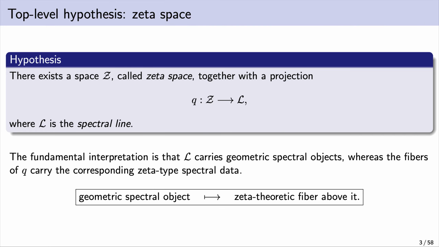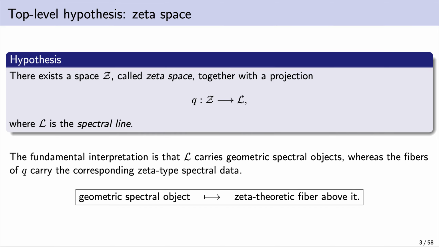So the big hypothesis is that there exists a space Z called zeta space together with a projection Q that maps zeta space to the spectral line. An overarching interpretation is that the spectral line carries these geometric slash spectral objects.